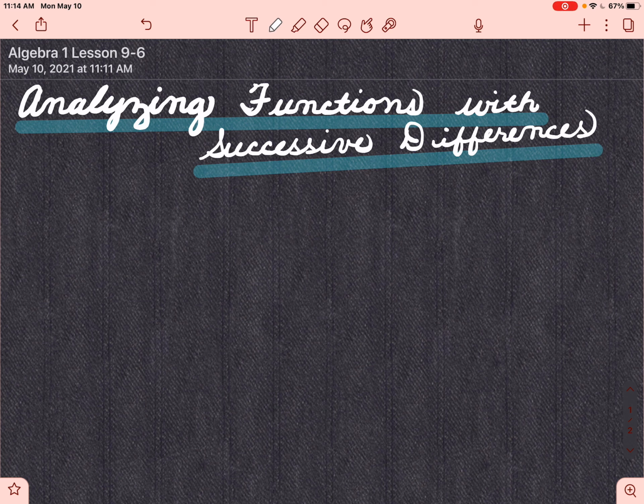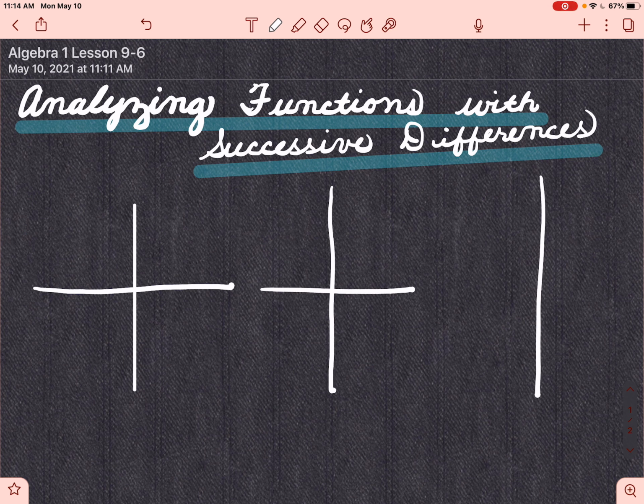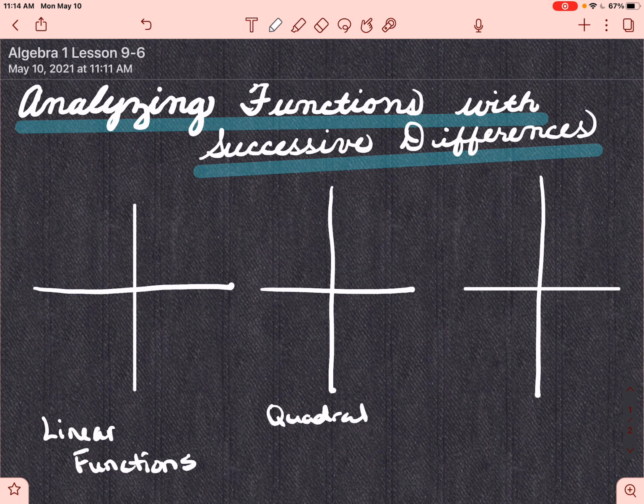Okay, we're going to be talking about 3 different functions that we've studied. I'll draw them for you. We're going to be talking about linear functions, quadratic functions, and exponential functions.